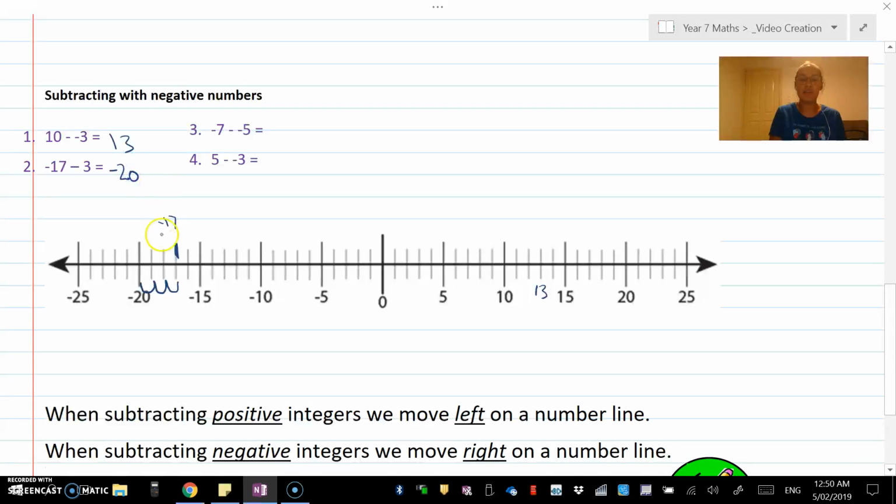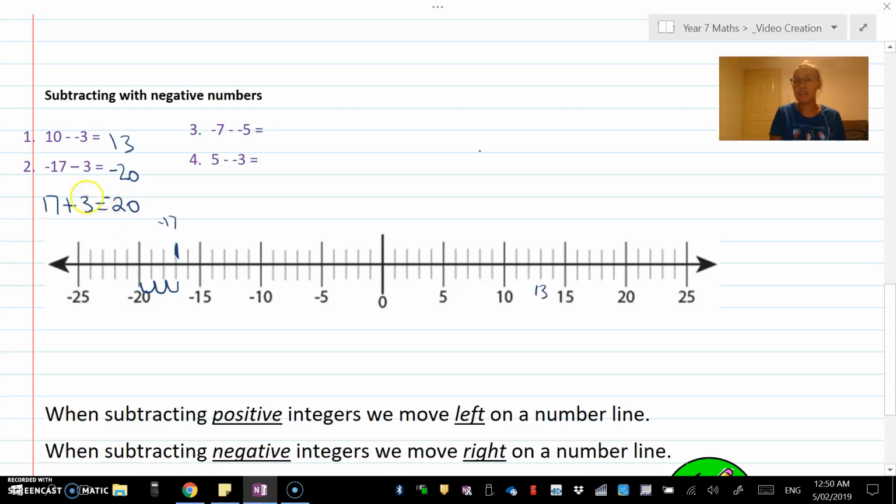You'll notice that when you are subtracting, even though the numbers are becoming smaller, there is a bit of a pattern going on here. So -17 minus 3 gives us -20. If you're going to do that, say, with your absolute values, like 17 plus 3 equals 20, and then you can put your negative in the front, that might be a strategy that works for you.